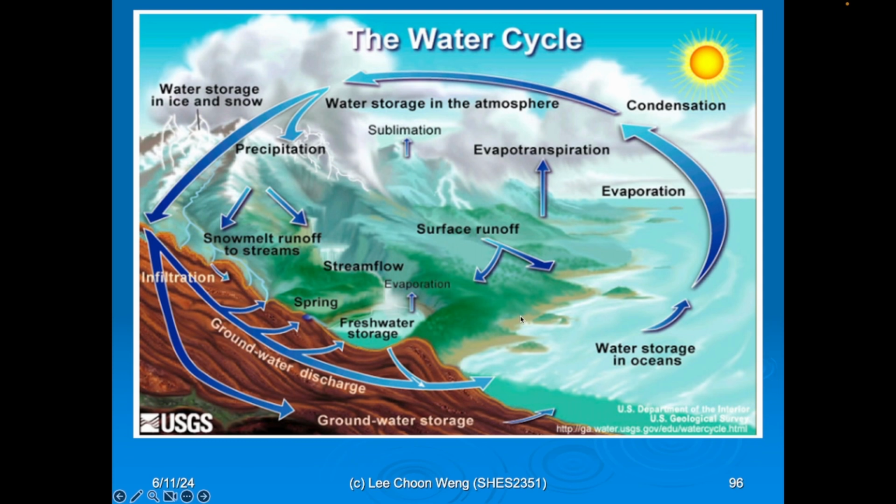If you look at the water cycle, reservoirs or sinks are in glaciers, ice and snow, also as groundwater storage, and also water storage in oceans. We can also have freshwater storage in lakes. So these are sinks and reservoirs that can replenish the supply if required.